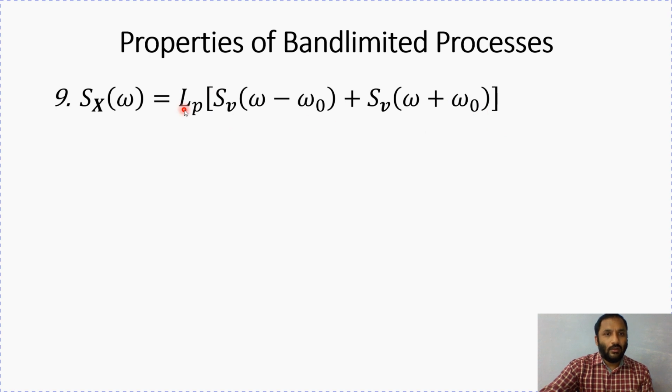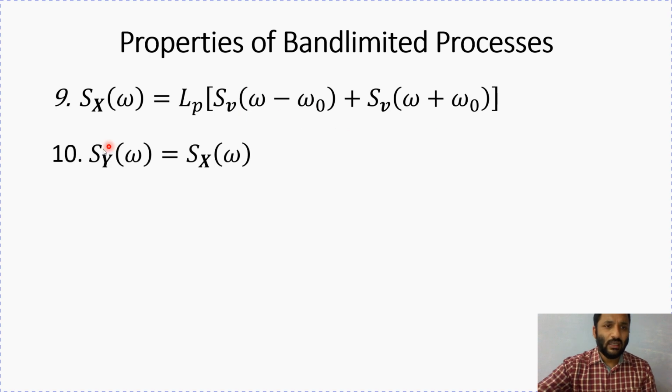So this should be read as: the PSD of the process capital X is equal to the low pass components of the expression inside this square bracket, where this is two copies of the process capital N.